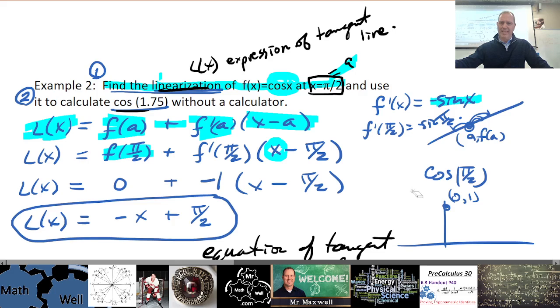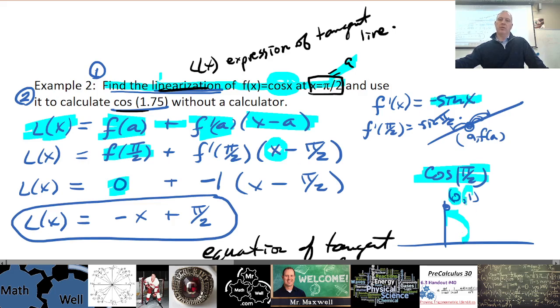All right? So again, I don't want to go too quickly through this, but any questions so far? Okay, f of pi over 2, so that's cos of pi over 2. What is cos of pi over 2? Well, pi over 2 is 90 degrees. Cos is my first coordinate, so that's going to be 0. Moving along, f prime of pi over 2 is negative sine of pi over 2.